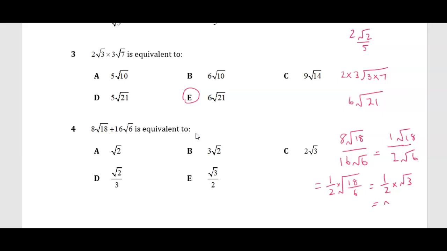And just put everything back together, root 3 over 2. So this one's a little bit harder, that I need to separate the, well, I don't need to, but to make it easier to solve, I've just separated the whole number part or the integer part from the surd part. So I've treated them as two separate fractions just to make it easier to solve. So we've got root 3 on 2, which is E.